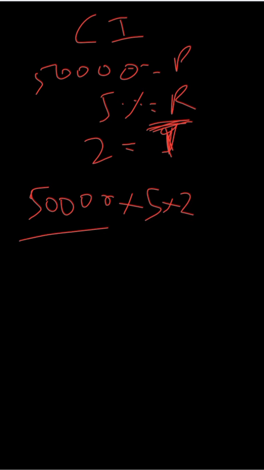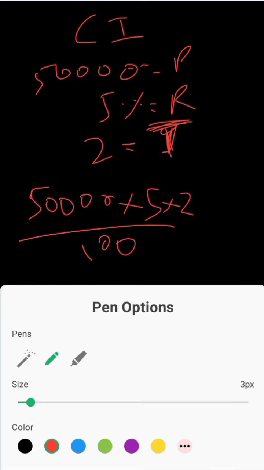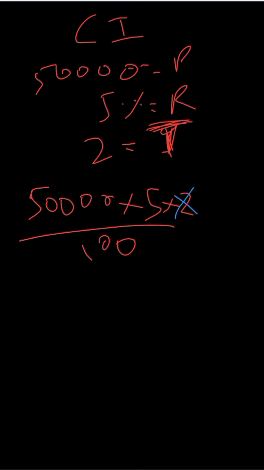50,000 into 5 into 2 upon 100, it is simple interest, but we don't have to take that when we are taking compound interest. As I have told you, I have to take 1 year. Why? Because it is compounded yearly.